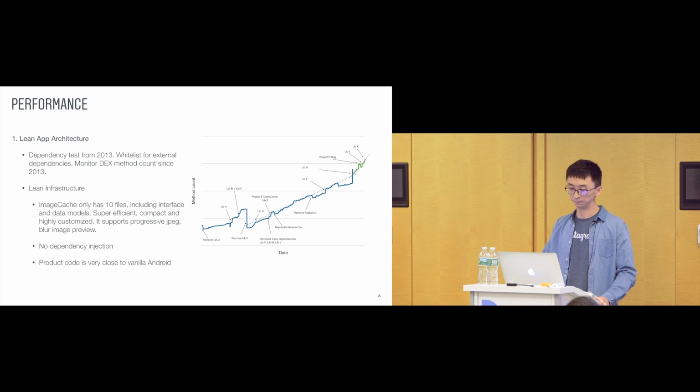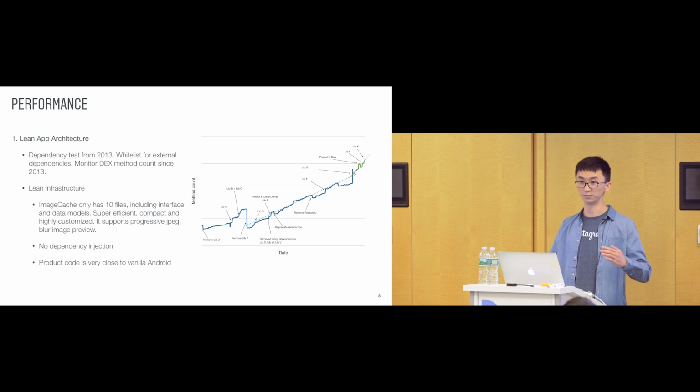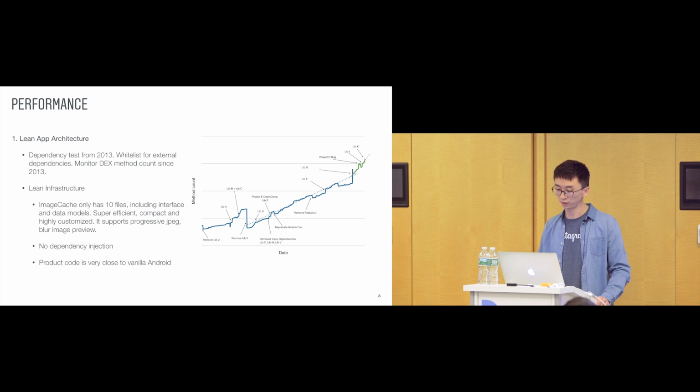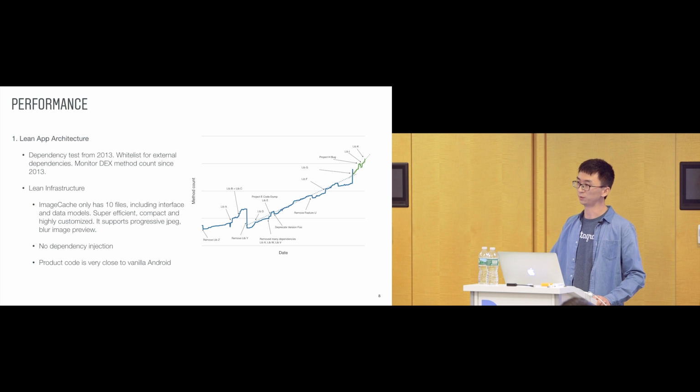And we have a real-time dashboard to track the method count in our app, and we periodically look back at what happened in past weeks and months. We annotate all those changes and try to figure out the long-term trajectory for our app's growth. For instance, the graph I show here is from a recent exercise we did with our method count dashboard, where we annotated all the libraries that got added to the app and all the libraries that we successfully removed from the app.